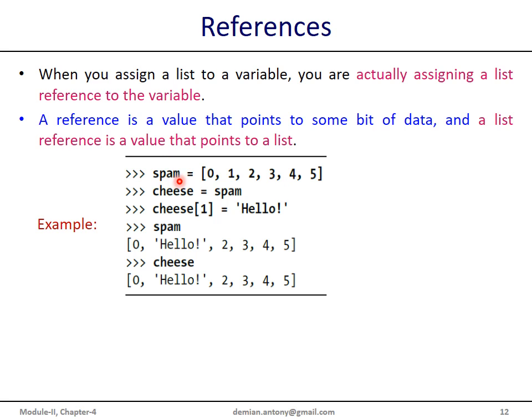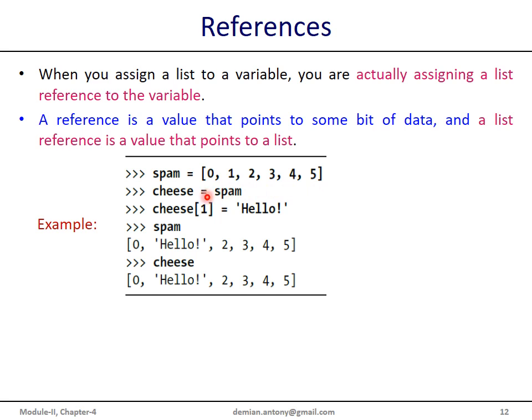And when we assign this spam to another variable, it implies that we are assigning a list reference to another variable. Thus cheese also becomes a reference to the same list. And now we have two different references to the same list. The list is this: 0, 1, 2, 3, 4, 5 elements.